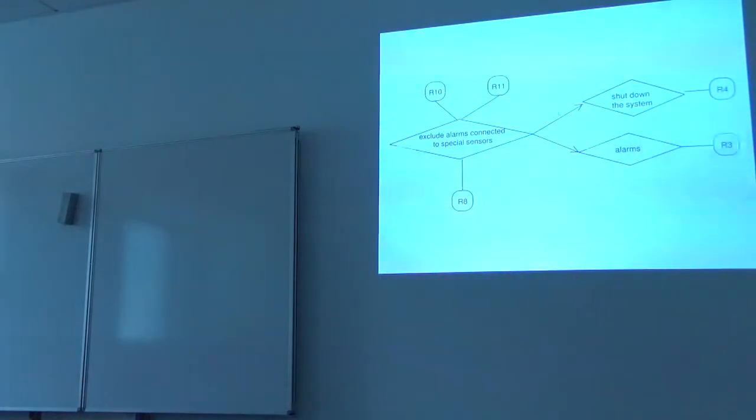So we say that R8 is fully on, exclude alarms connected to special sensors, we disconnect it. And we use these arrows to indicate that this theme enforces this requirement, which is not shown exactly that it enforces R8, but enforces some things into shut down the system and alarms.